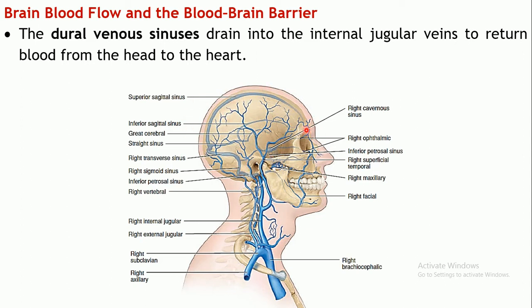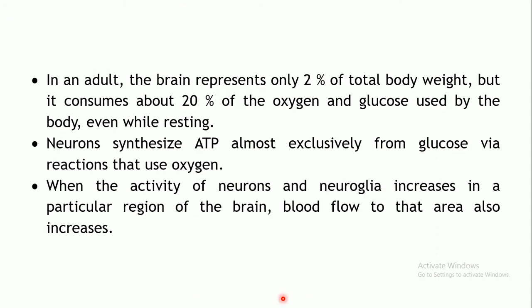So the blood vessels which are present around the brain along the dura mater are in the form of sinuses, wide endothelial lined blood vessels. They drain into the internal jugular vein, that's the right internal jugular vein.